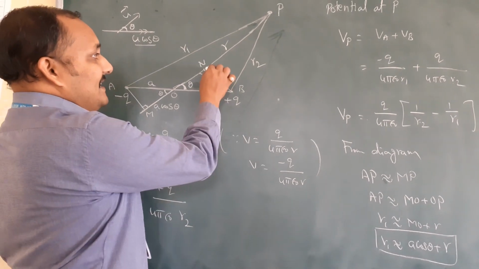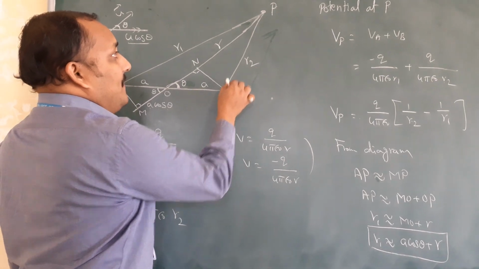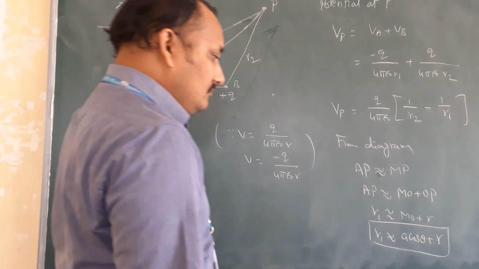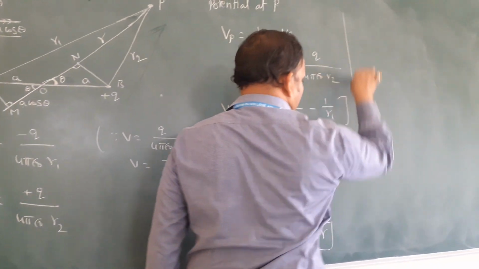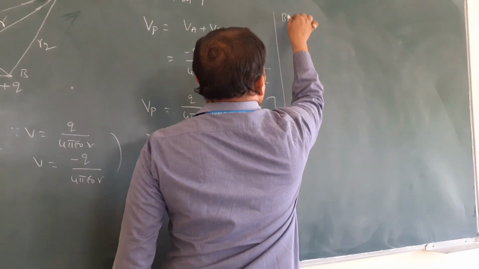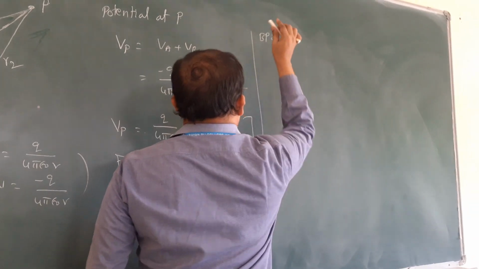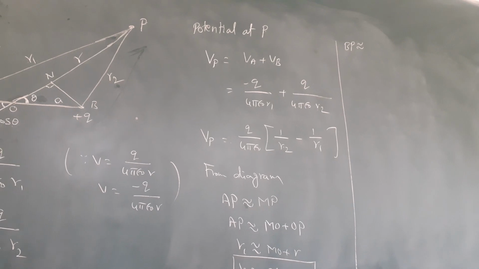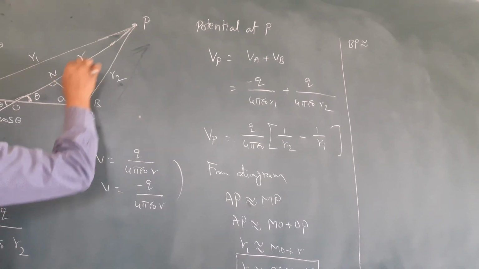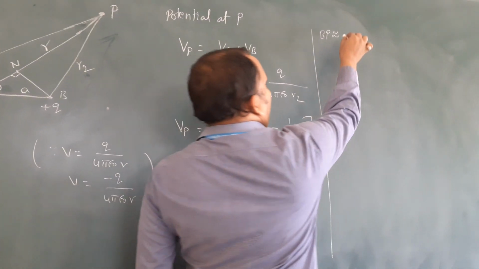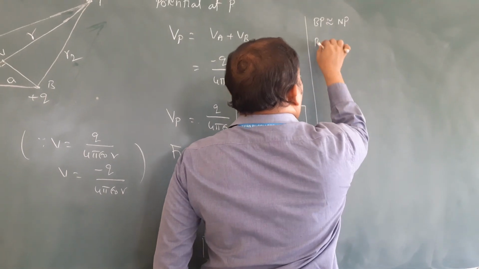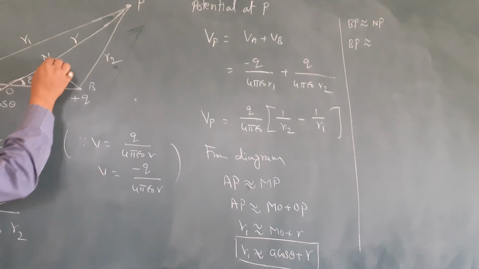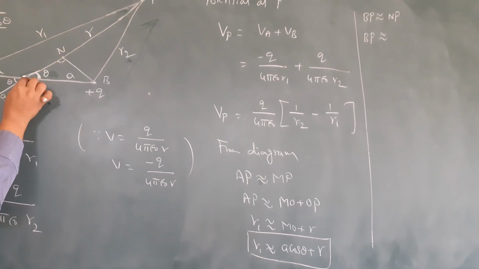Now from this diagram, BP is almost equal to NP. BP means here r2 we are going to find. What is NP? NP means the distance from here to here. What is the total distance?